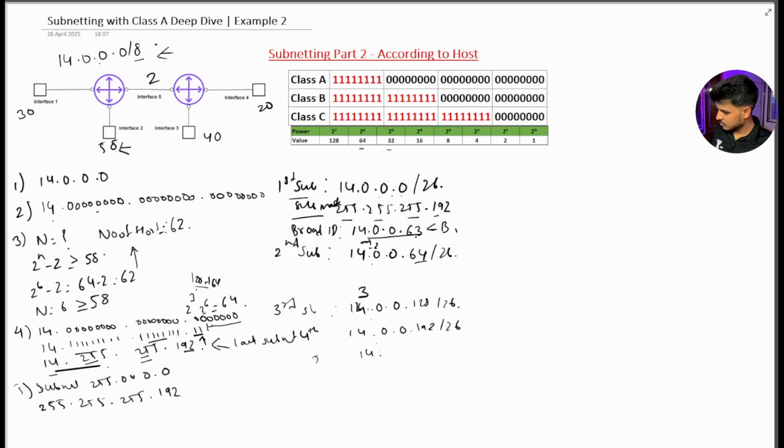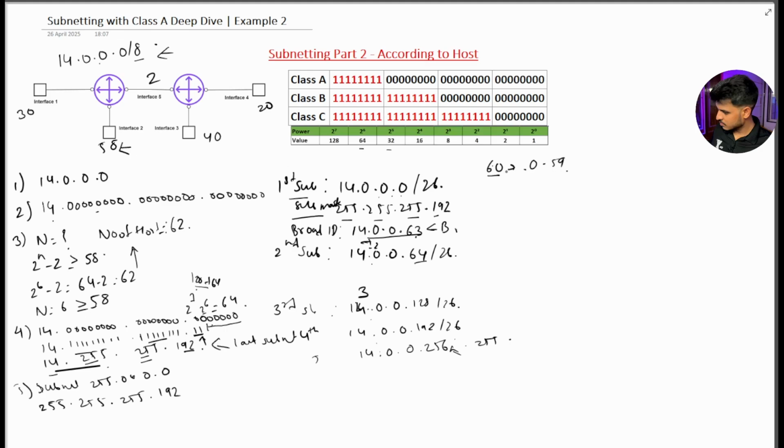And what will be the fifth subnet? You may be assuming it will be 14.0.0, and if we add 64 again here, it will give us 256, which is not correct. In an octet the maximum value can be 255. As I have shown you in the example of seconds, a minute consists of 60 seconds, ranging from 0 to 59.